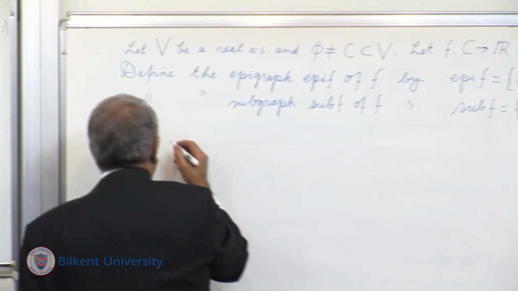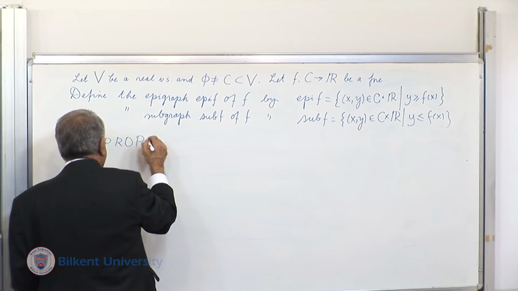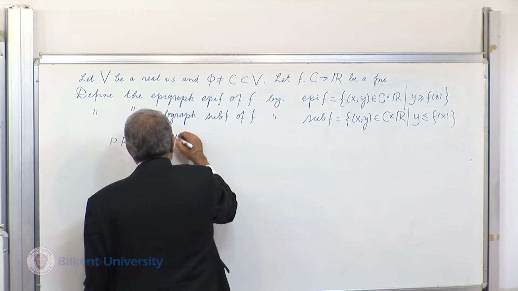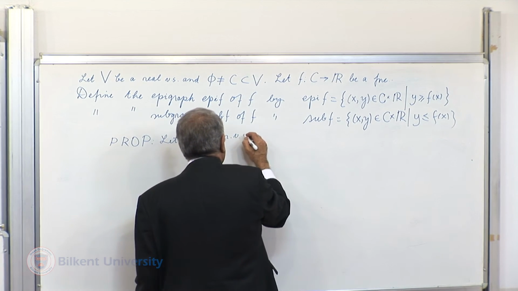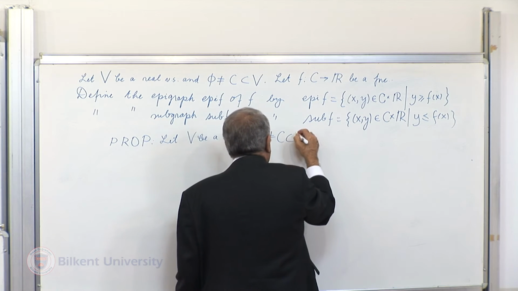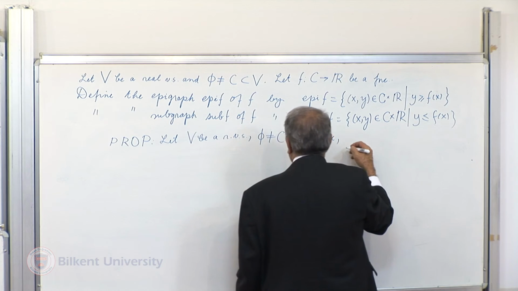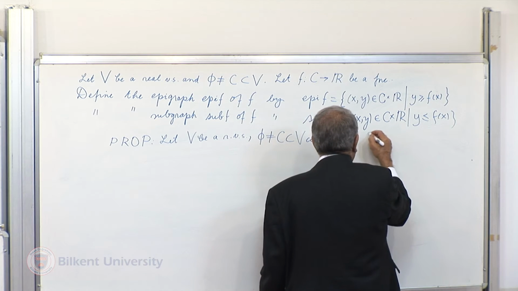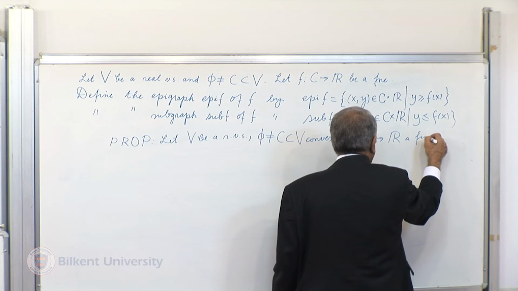Now we can have our characterization. Let V be a real vector space, C a non-empty convex subset of V, F on C to R a function.